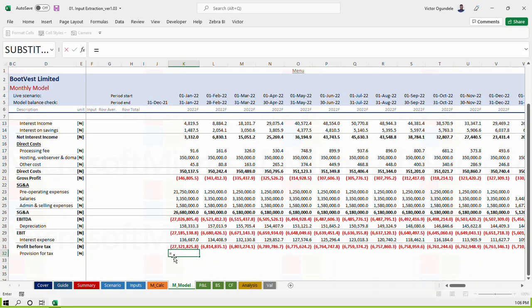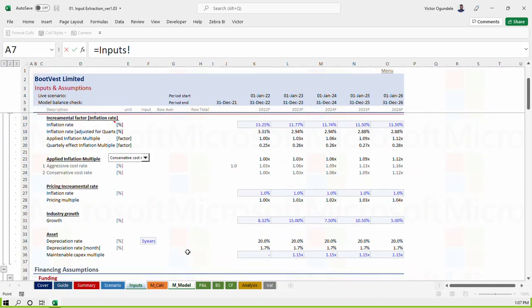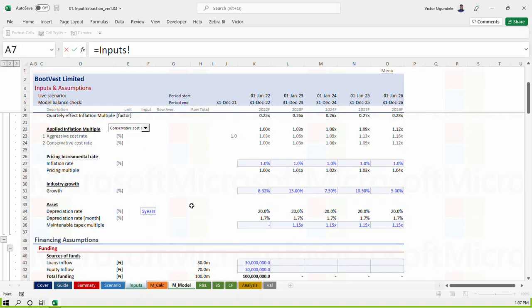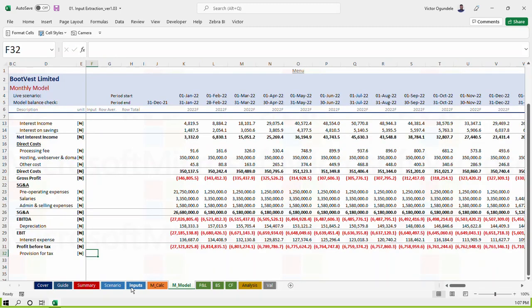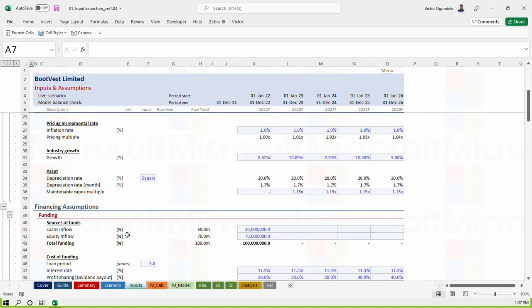So provision. I'm going to use a logical. Instead of using if, I will use a logic, which is this. So let me bring my tax rate first. Did we build out our tax rates? No, we didn't include that in our input. So let's just create that down here.